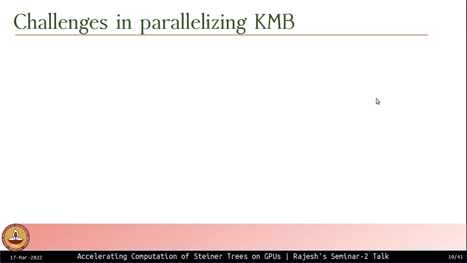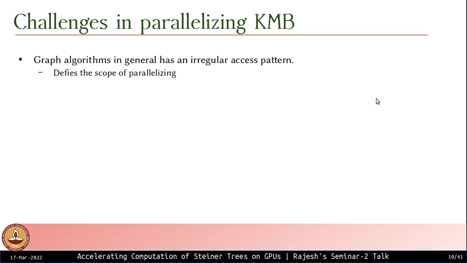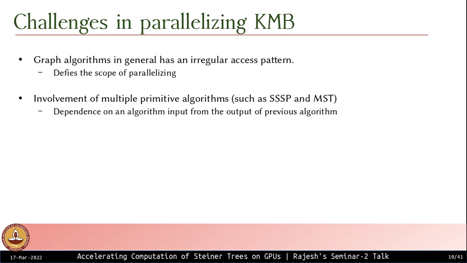Okay, so what are the challenges in parallelizing KMB? Graph algorithms in general have an irregular access pattern, which is not easily parallelizable. KMB involves multiple primitive algorithms. By primitive algorithm, what do we mean? It has single source shortest path as a subroutine.